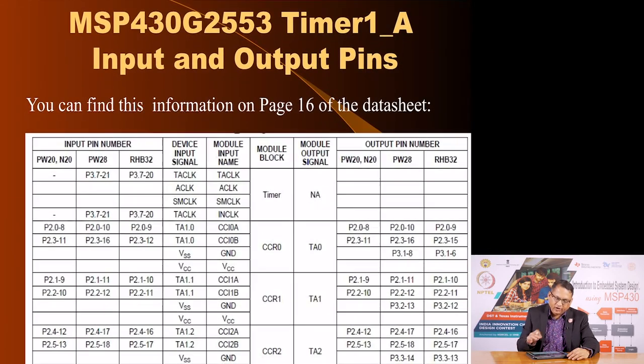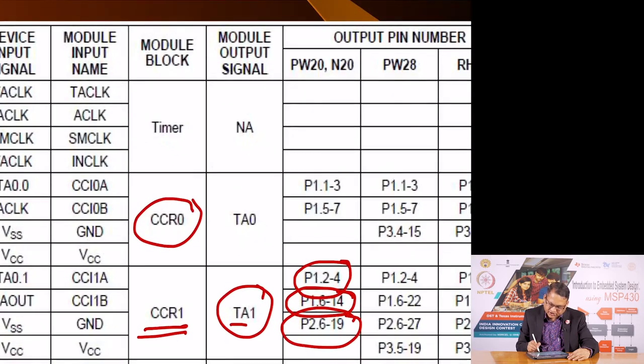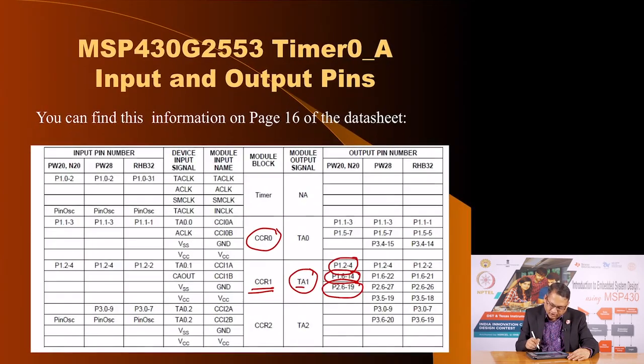If, on the other hand, you are using timer 1 for PWM, then you have CCR1 available on P2.1 or P2.2. Here it is P1.6, which is pin number 14, and these are for 20 pin ICs, which are the ones we are using on our lunchbox.